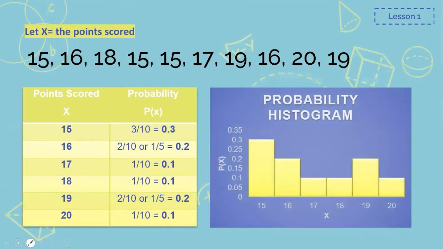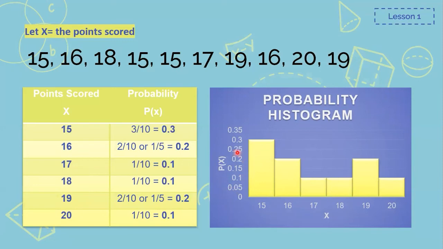As per the probability histogram, the horizontal axis displays the points scored or the x value. We have here 15, 16, 17, 18, 19, 20 as reflected in our probability distribution. Along the vertical axis, it portrays the probabilities of each sample space.